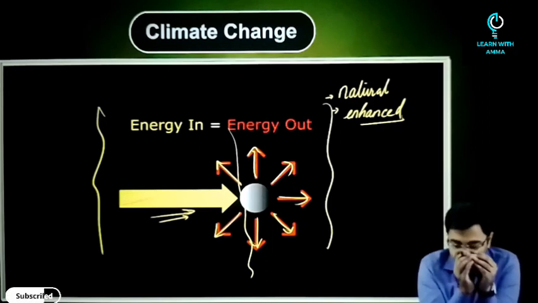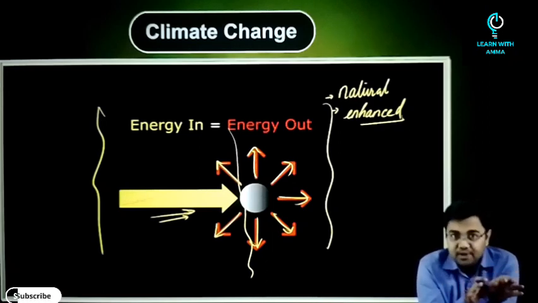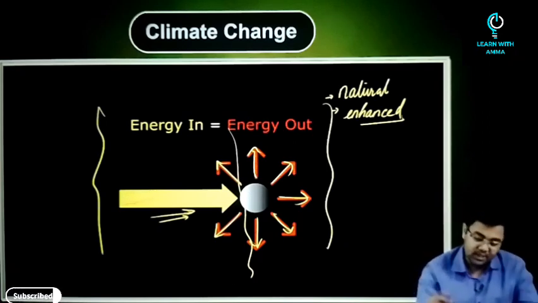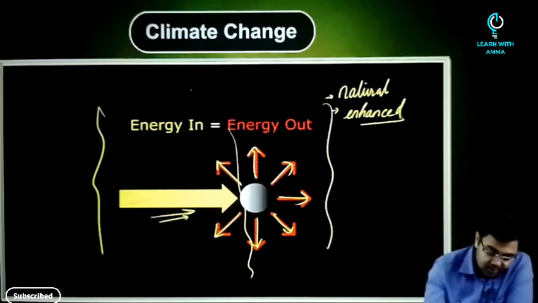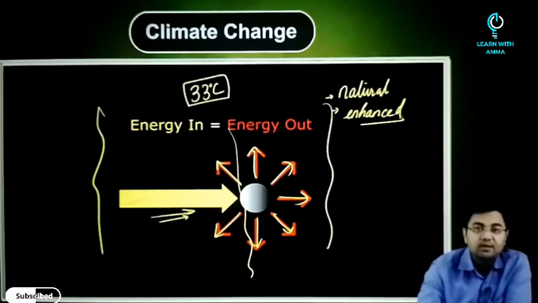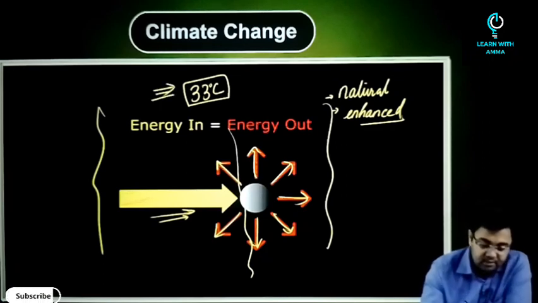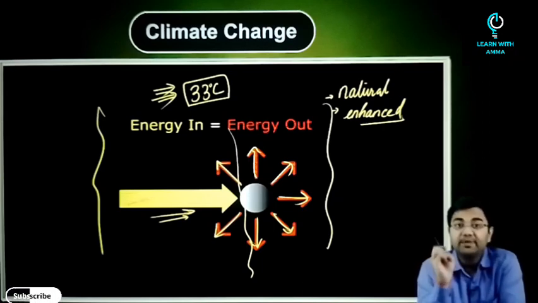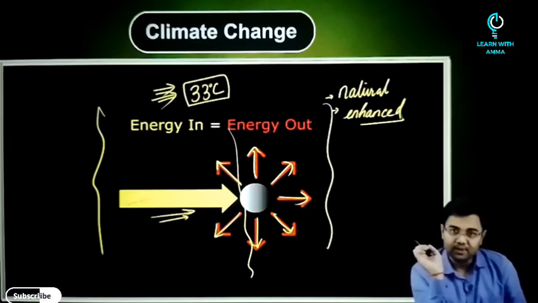Now, you have to understand here that in the absence of natural greenhouse effect, the average temperature of the earth would approximately be 33 degrees lesser. It will be lesser by 33 degrees Celsius, and that's why it will be much colder than what we have today.